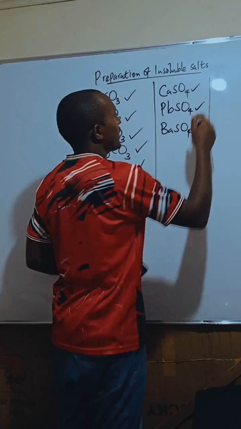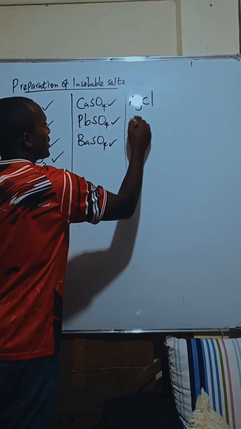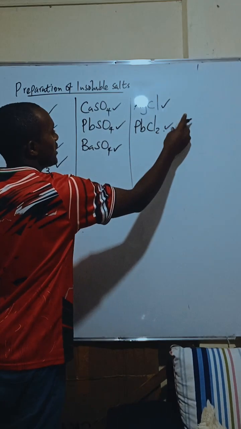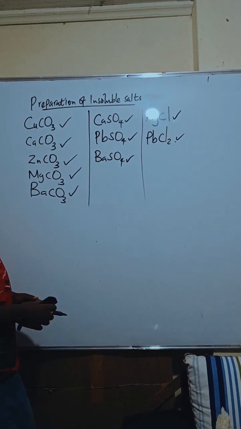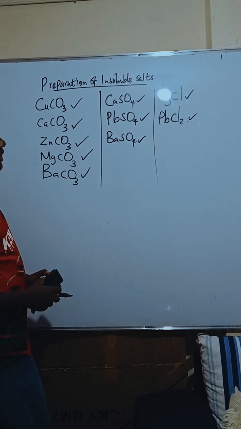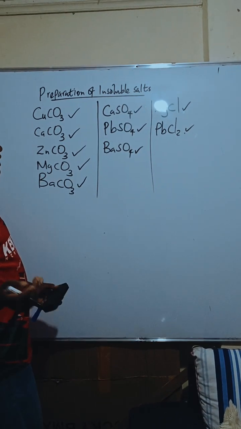On chlorides, you can be told to prepare silver chloride or lead chloride, which dissolves in warming, remember, from the solubility of salts. So these are insoluble salts that you can be told to prepare. Remember, all nitrates are soluble.